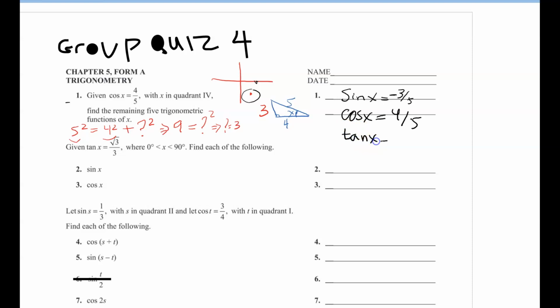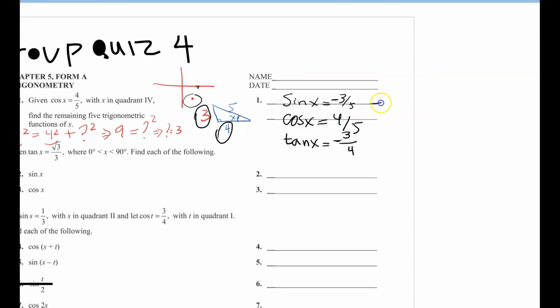Tan x is opposite over adjacent, so 3/4, and knowing that it's in the fourth quadrant, it would be negative. So from here, if sine is -3/5, cosecant is -5/3, just the reciprocal.